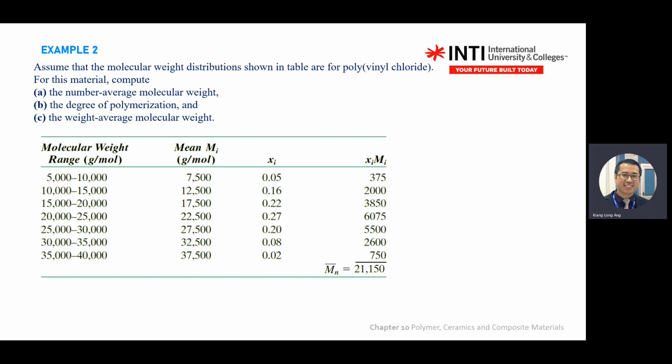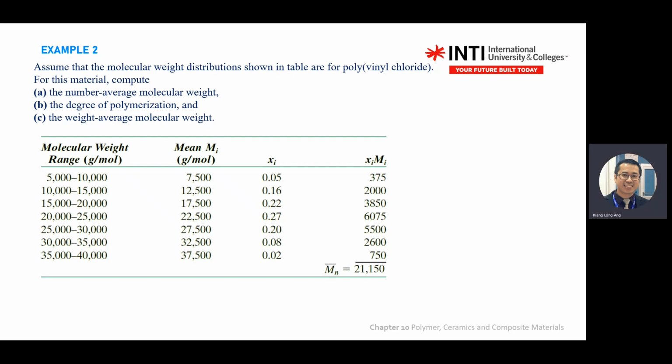Once you get this number, you repeat the same procedure for the remaining ranges. Then you get the total of XM. You take 375 plus 2,000 plus 3,850 and the rest. You get 21,150.